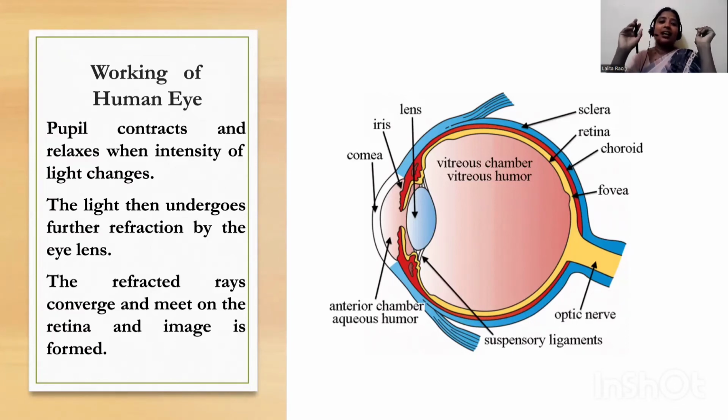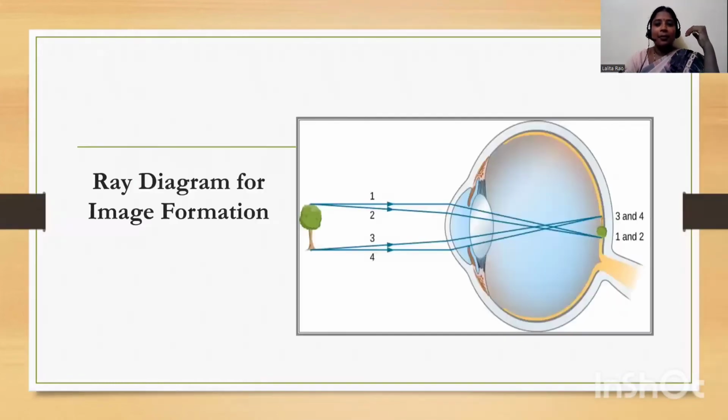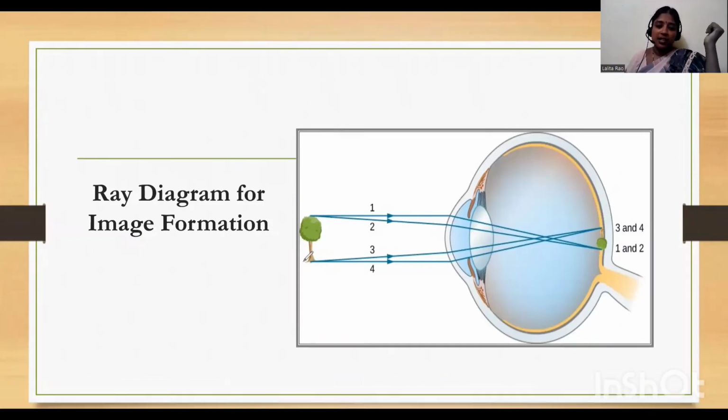And what is the retina? It acts as a screen, and the image gets converted into electrical signals, and then the optic nerve carries it to the brain, and then the brain interprets this image. So this is the ray diagram to understand how the image formation takes place. Suppose this is the tree.